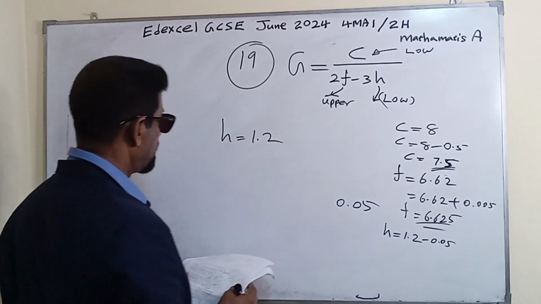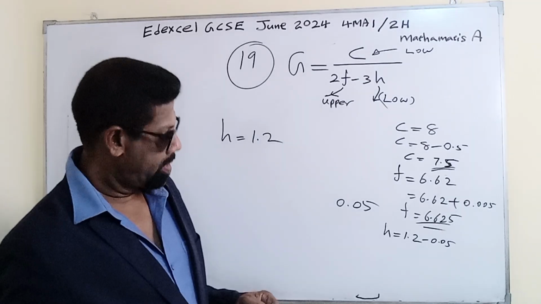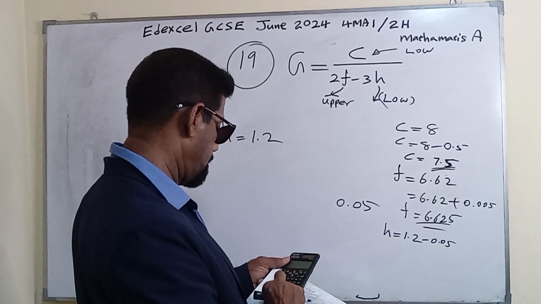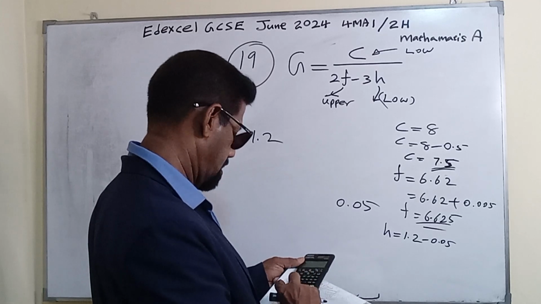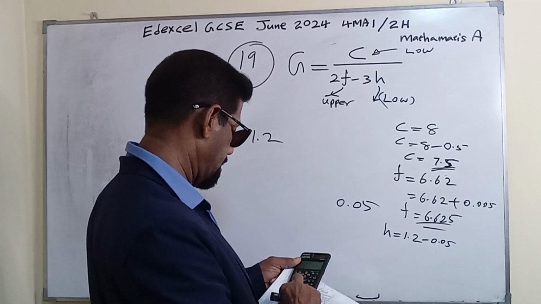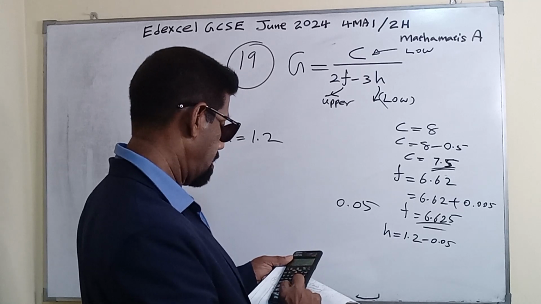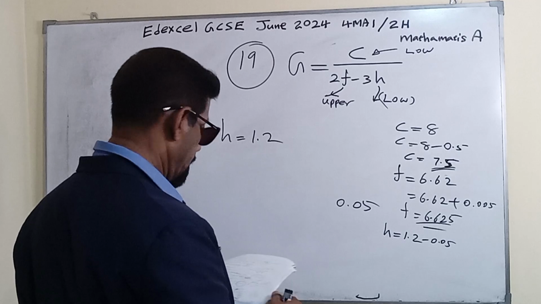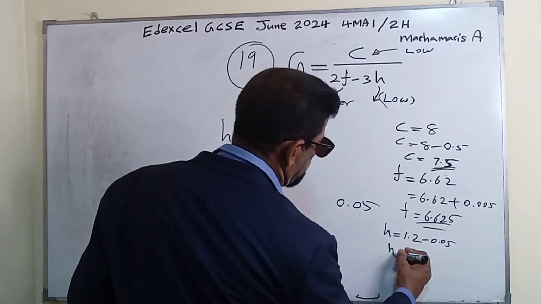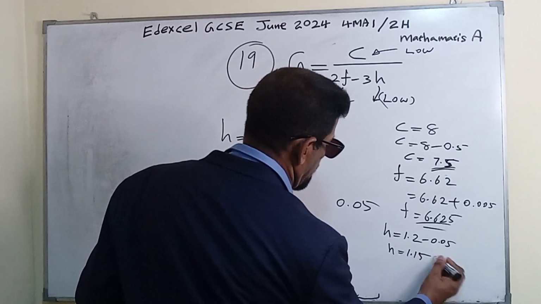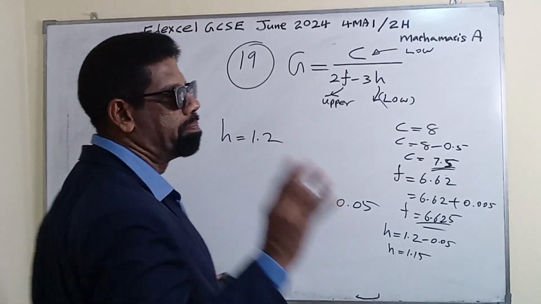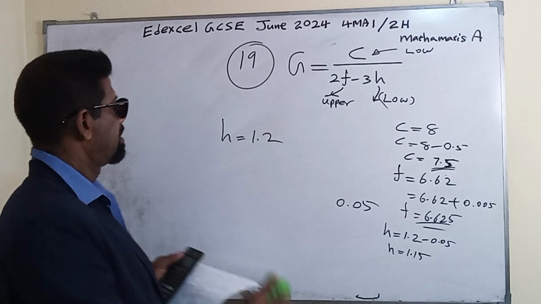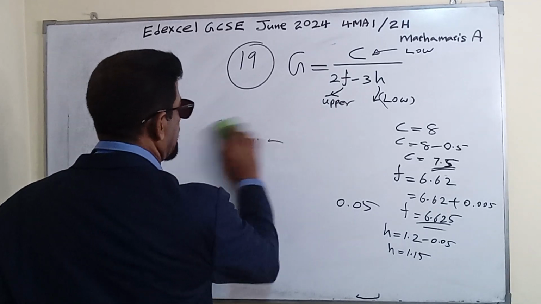That lower bound is 1.15. So for H you substitute 1.15. Very important, follow that method. Okay, so now your selections are done.